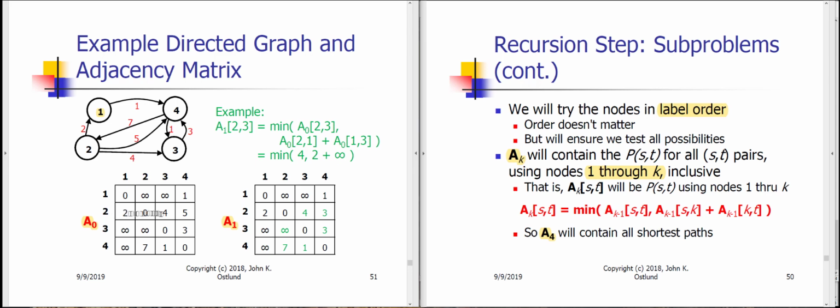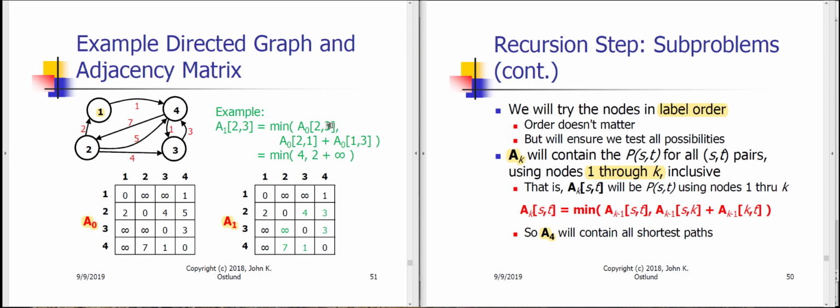All right, A sub 0, 2, 3 is 4 because the direct connection from 2 to 3 has a cost of 4. The other possibility is that we could use 1 as an intermediate node. We could go from our source of 2 to the intermediate node 1, and then from node 1 to the target node 3. The sum of those two costs might turn out to be less than the cost of going directly from node 2 to node 3. Let's see whether that's the case.